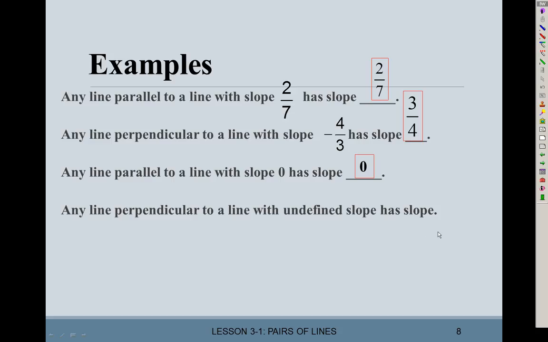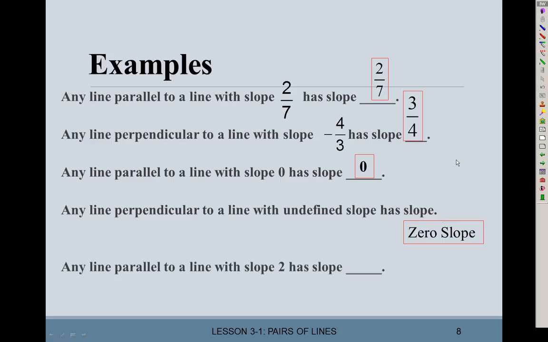Well, that's horizontal, and horizontal slope is 0. So an undefined slope and a 0 slope, those are perpendicular to one another. That's just one of those oddballs that you need to make sure you remember. A line parallel to a line with slope 2, parallel lines have the same slope, so that's also going to be 2.